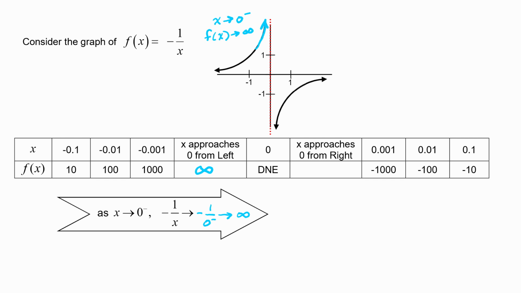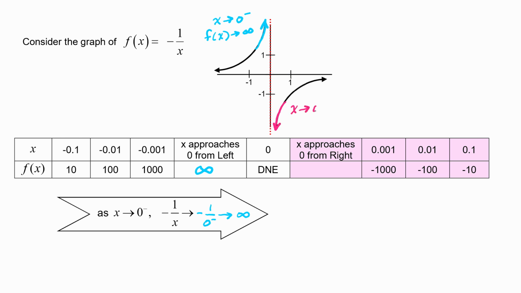Now, comparing that to what happens to the y values as x approaches 0 from the right, we see the y values are getting to be larger and larger magnitude in the negative direction. So looking at the graph, as x comes into 0 from the right, the y values are heading off to negative infinity here.